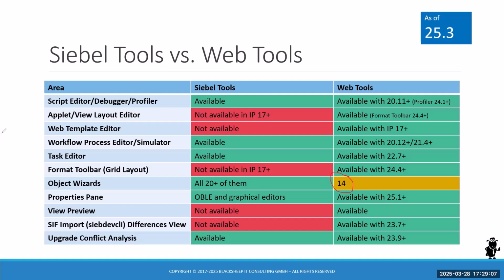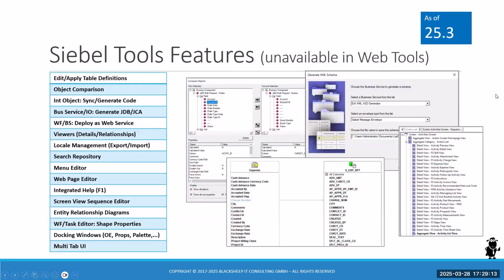And the other part is the not so favorable slide, where we list all the stuff that's still not in Web Tools. It hasn't changed really because there are still a few things that we are waiting for, or maybe hoping for, to appear in Web Tools soon.